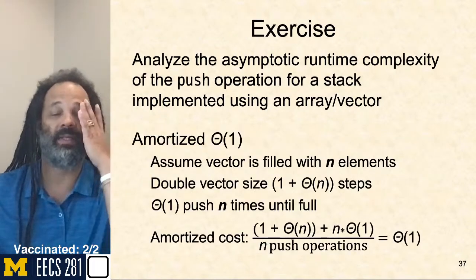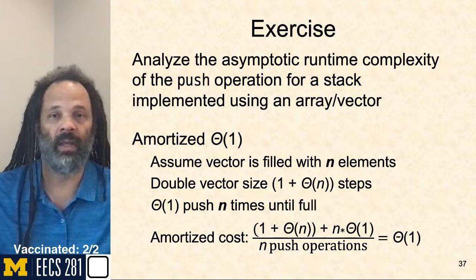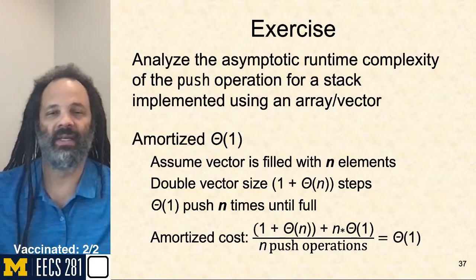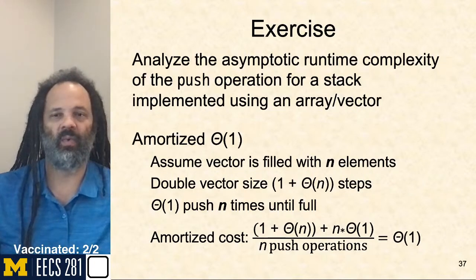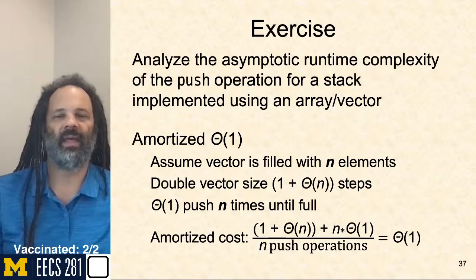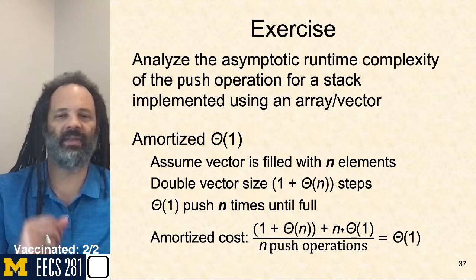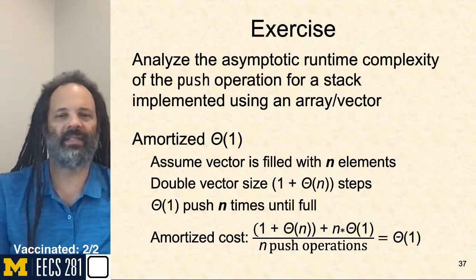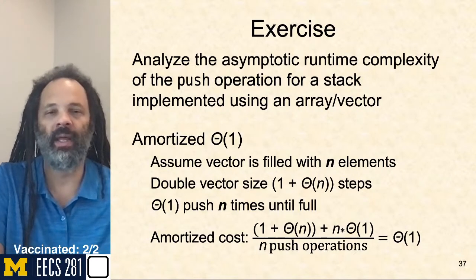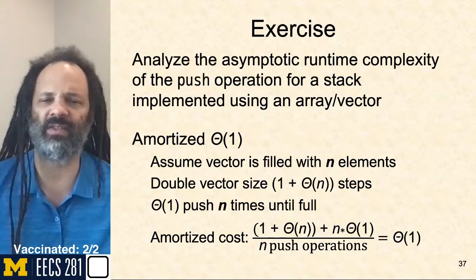So this is why we can see the math on it. In this one, we're going to analyze this. We're going from the vector being filled with n elements, and then we're going to double the size of it. And what this does is it costs me 1 plus a big theta of n. It's always going to be n.